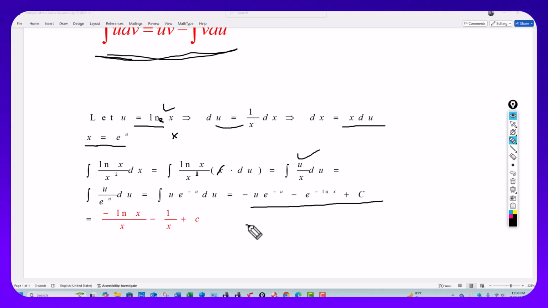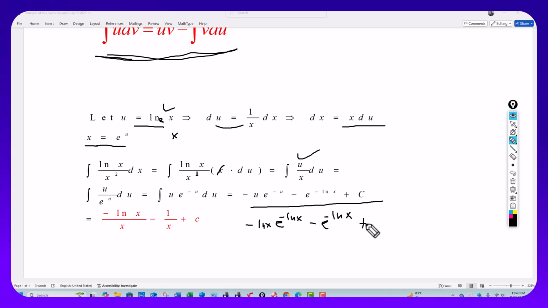Well, let's see how it works here. Minus, and then u is ln of x, and then it's e to the minus u, and u is ln of x. In the next one we got minus e. And of course that was a u. It already has ln of x, so I'll take it from there.